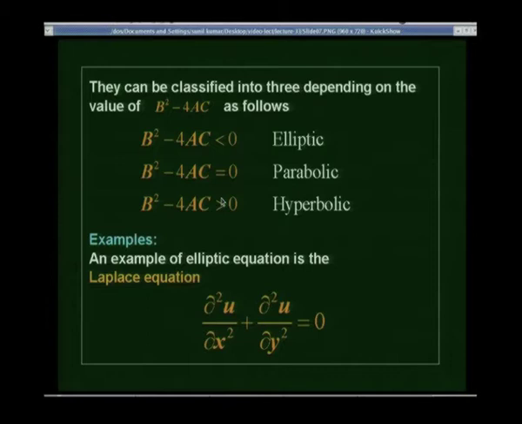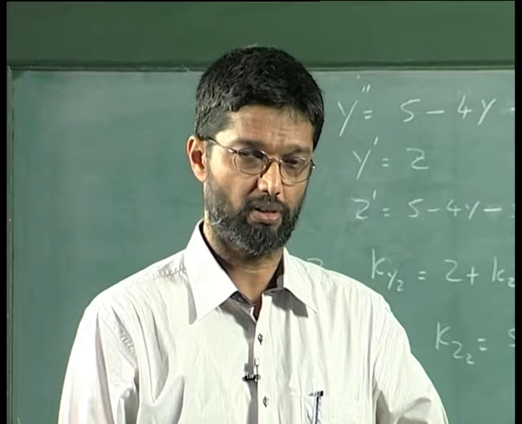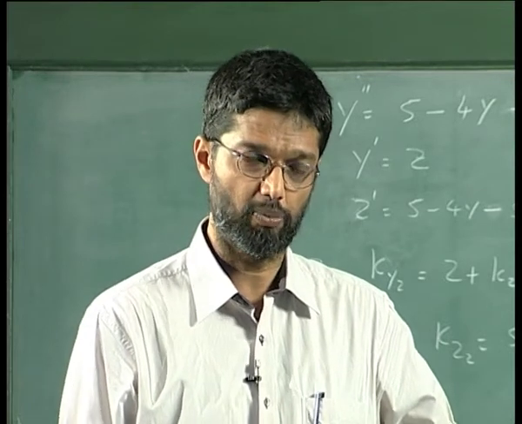One thing we should keep in mind is that there is no general method for each class of this equation. It's not that if you classify a partial differential equation as an elliptic partial differential equation, there is one numerical method, and for a parabolic equation there is another numerical method, etc. They don't exist. The difficulty with partial differential equations is that the method we use to solve one is specific to a particular equation.